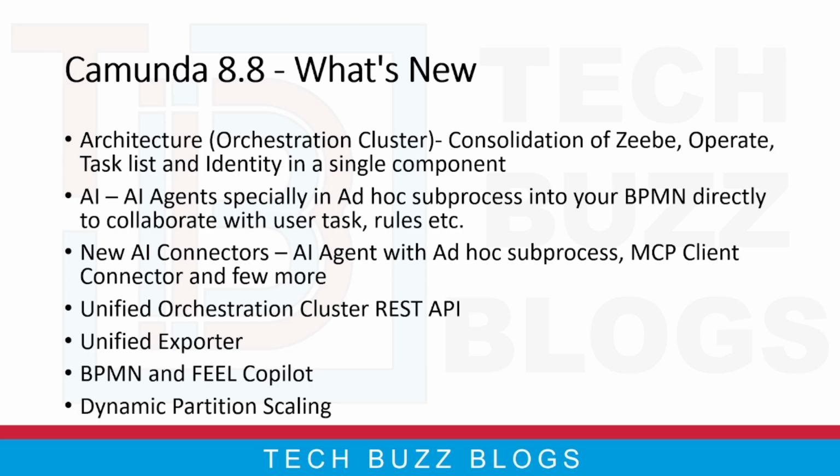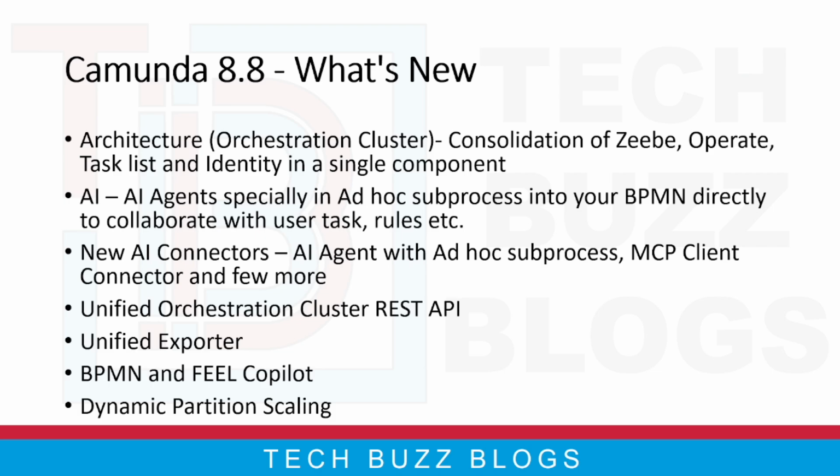They are introducing the orchestration cluster, which holds a few of the components. Earlier, Zeebe, Operate, and Tasklist were all separate components, I mean separate images. Now they are bundled into one component or one image, which is Camunda. The image name is Camunda. You can see that when you go to Docker Hub.